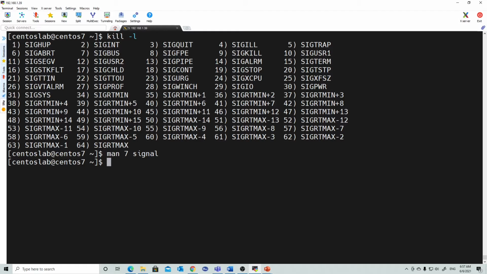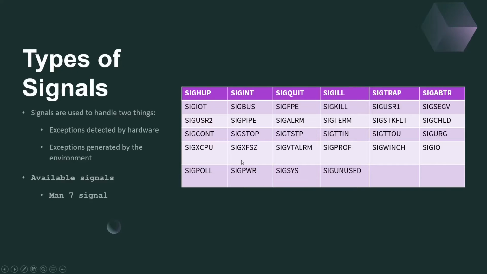SIGIO, I/O now possible, System V. SIGPWR, power failure. SIGSYS, bad system call. SIGUNUSED, unused signal. You can see it is summarized in this table.